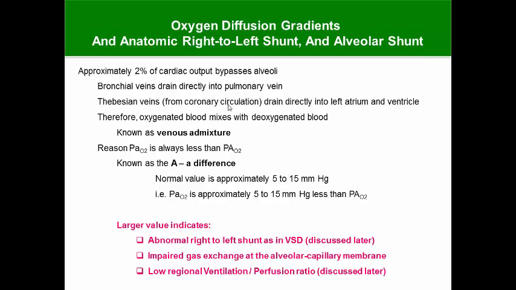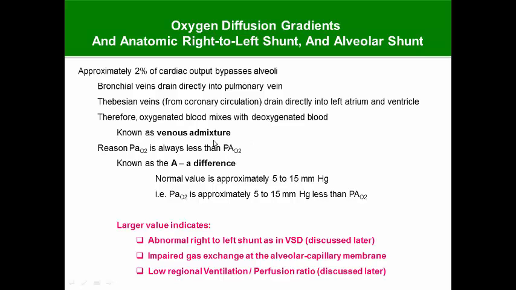So accordingly, there is a very little difference between the partial pressure of oxygen in the alveolar air, which we call A capital, and in the arterial blood, which we call a small. This difference is normally approximately 5 to 15 millimeters of mercury.